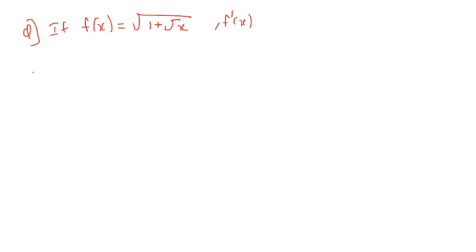So f dash of x is how much? This will be 1 by 2 root of this. Then again you have to differentiate this. It's easy. Done. You have to get the answer immediately. I'll not give you the options.